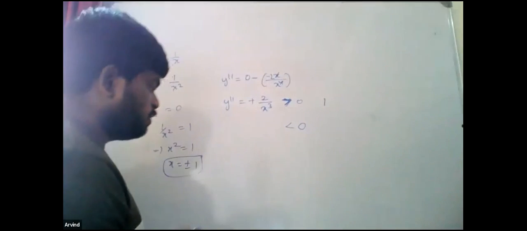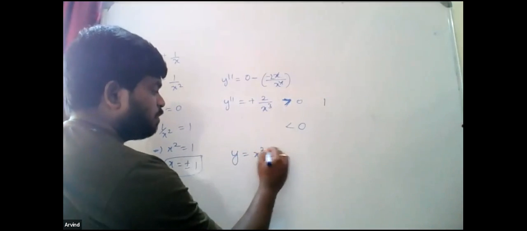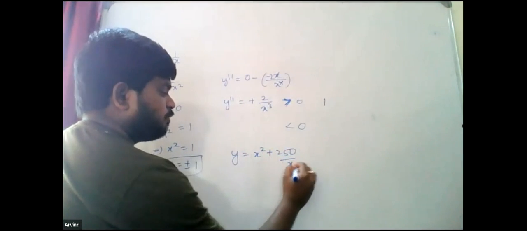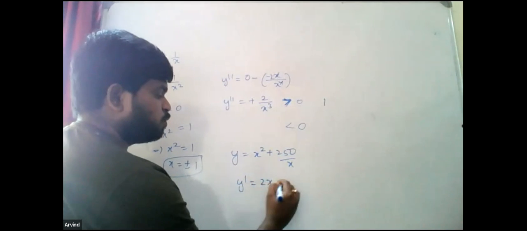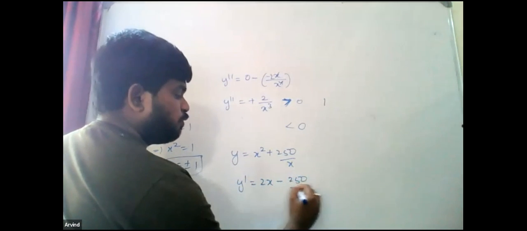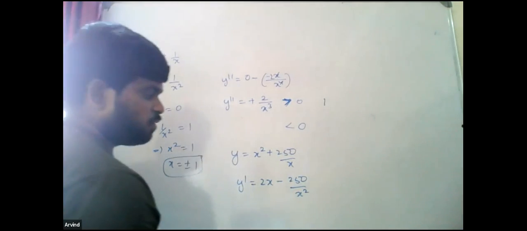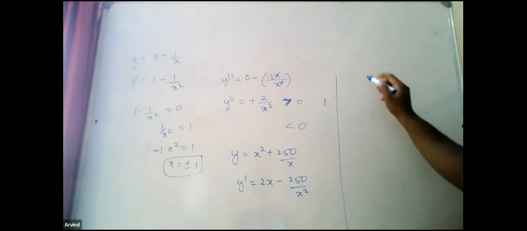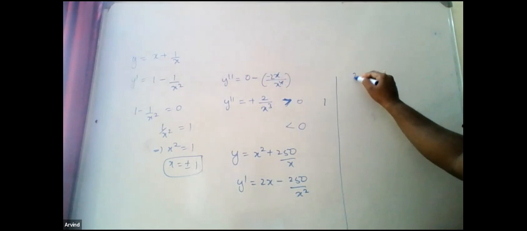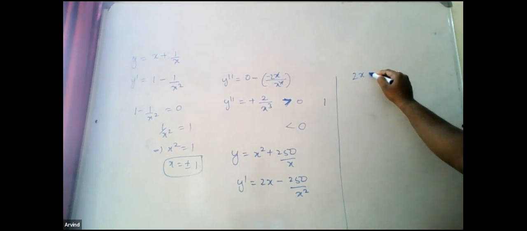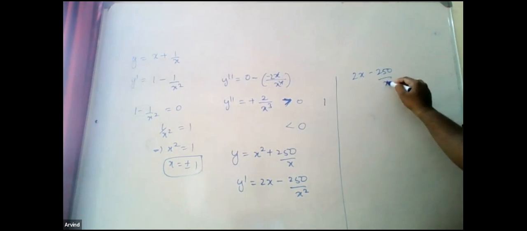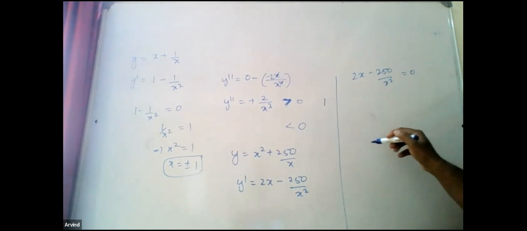So y is equal to x square plus 250 by x. Let's find y dash, which is 2x minus 250 by x square. Okay, let's equate it to 0. If you equate it to 0, you get 2x minus 250 by x square equal to 0.